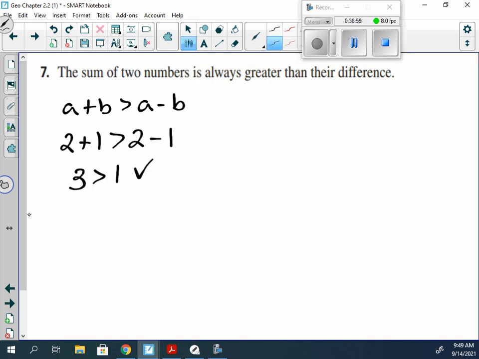Okay, that's true. What's a case that wouldn't work? Yep. 0 plus 0 is 0. 0 minus 0 is?